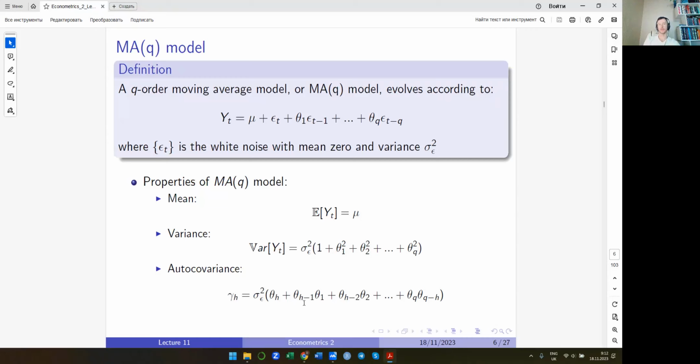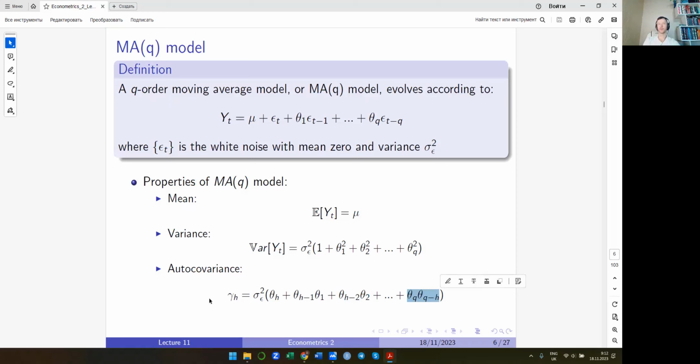Then we take theta h minus 1 times theta 1, so we are going in the direction of closer together. Here theta h minus 2 times theta 2. I guess you captured the logic of what's going on here. And then we keep doing this until we reach theta q times theta q minus h.